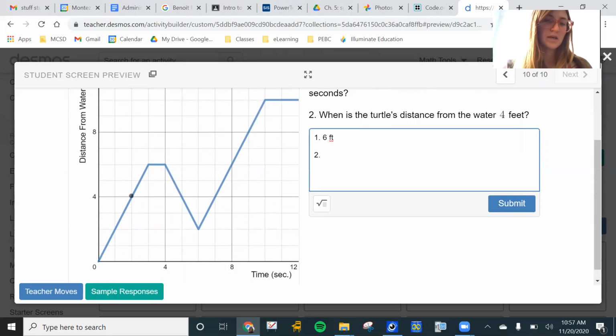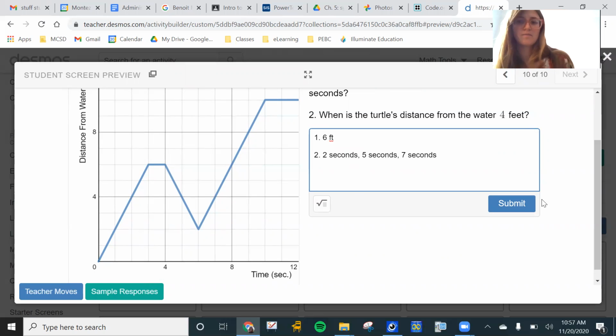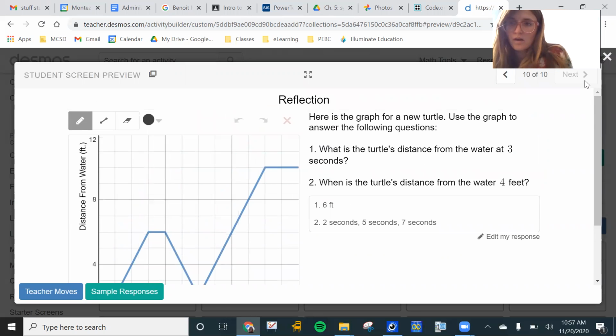It would be here, which is 2 seconds. Here, which is 5 seconds. There, which is 7 seconds. And that's it.